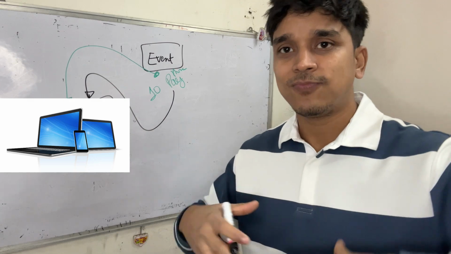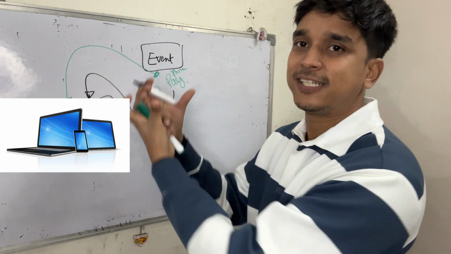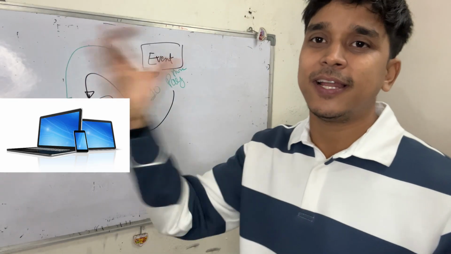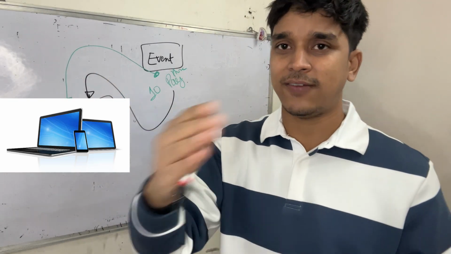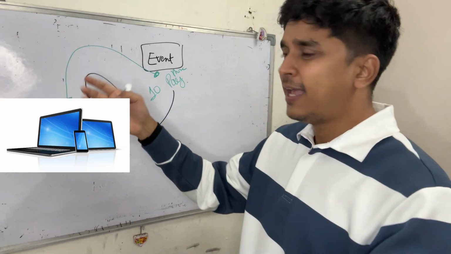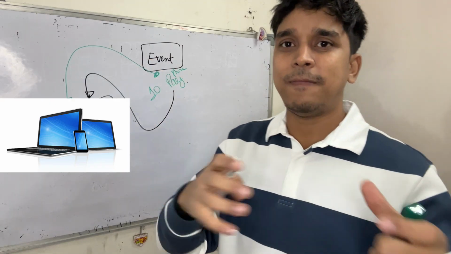Instead, the client, since he is interested in the event, has the responsibility to go and ask the server again and again: hey, has this event occurred? Hey, did I get some money? Hey, has my order been dispatched yet? Hey, has someone messaged me?